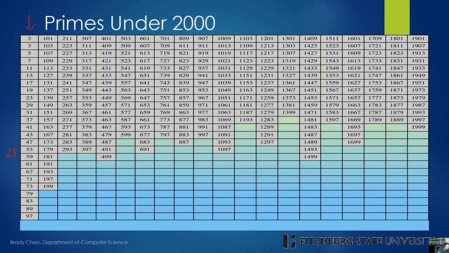The number of prime numbers between 100 and 200 is, let's see, 21. The number of prime numbers between 200 and 300 is even 5 fewer, so that's 16. So the prime numbers are not evenly distributed. That's the reason why it's so difficult to study them.